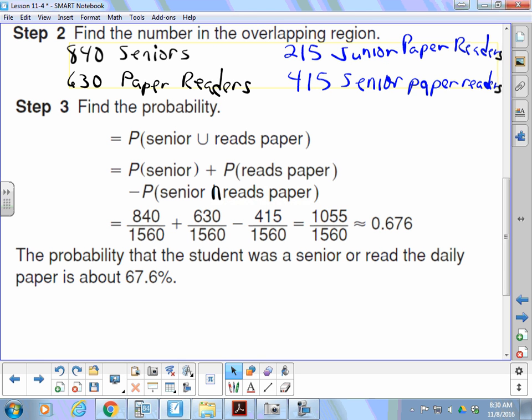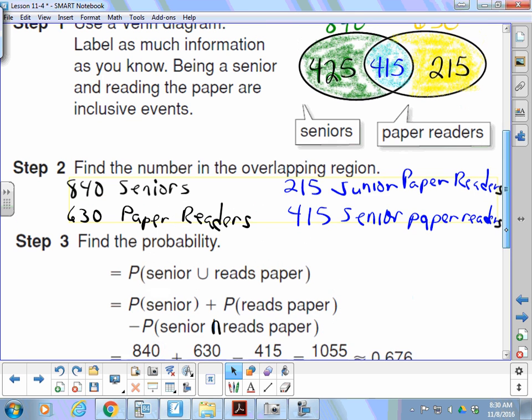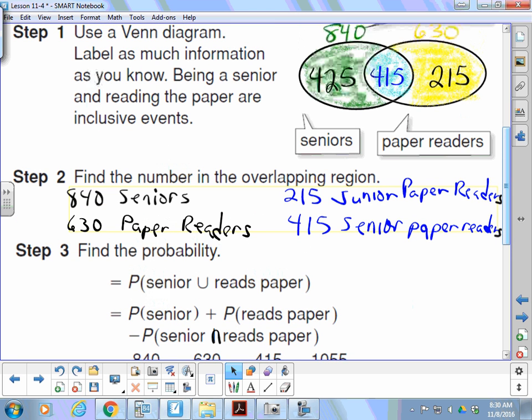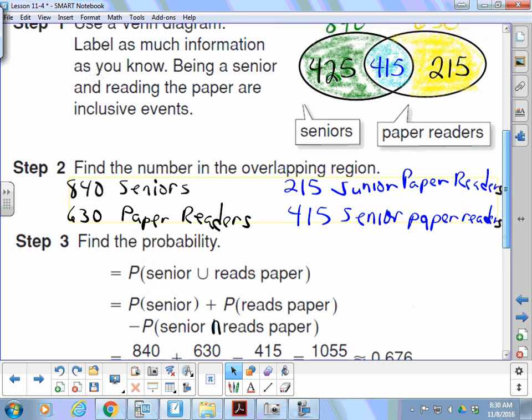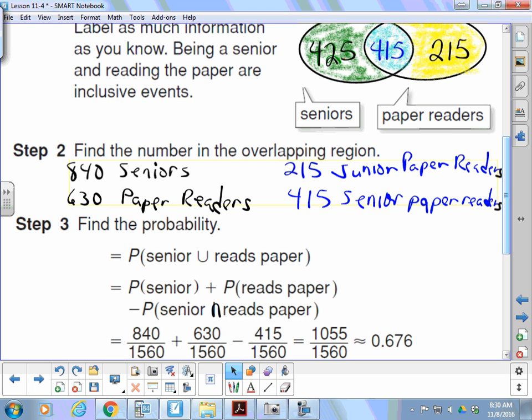Now, in this situation, all right, what you could do is if you can make the Venn diagram, then really all I need to do is add up those three numbers. Okay, because this 1,055 I got here is just a total of the sum of 425, 415, and 215. So really, if you can make the Venn diagram, then you can just add those together. Right?